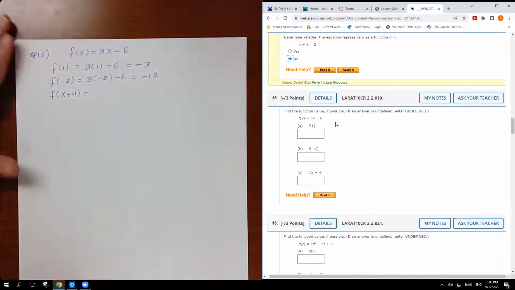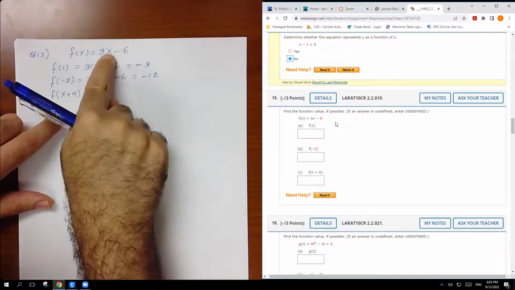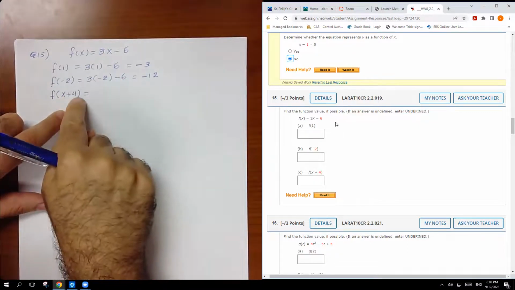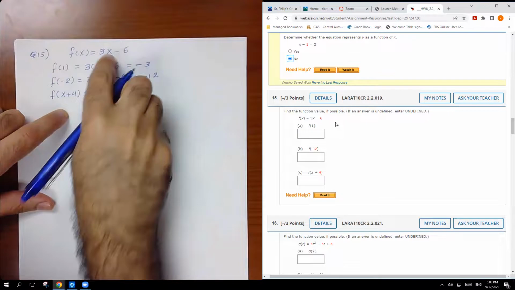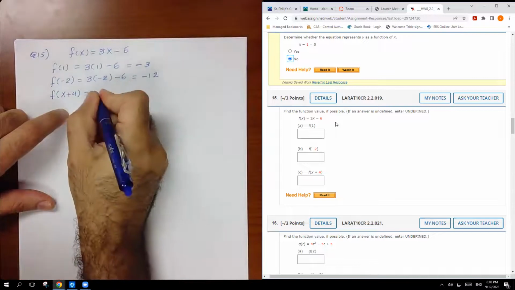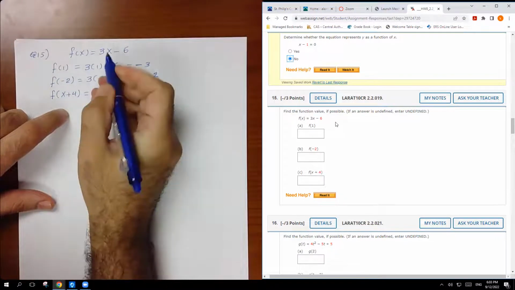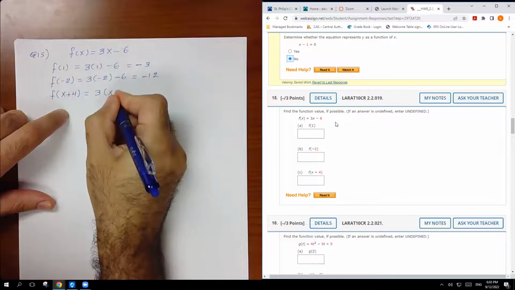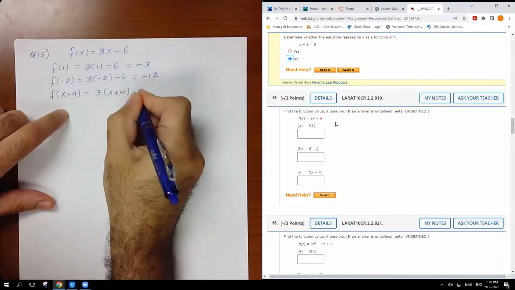This is really important. You're going to plug in x plus 4 instead of this x. So be careful. That means it's going to be 3, and in this x, I'm going to plug in x plus 4, minus 6.